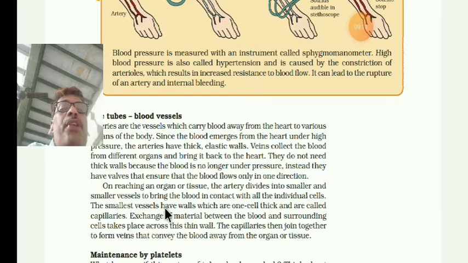The smallest vessels have walls which are one cell thick and are called capillaries. Here, exchange of material between the blood and the surrounding cells takes place across the thin wall. The capillaries are then joined together to form veins that convey the blood away from the organ or tissues.